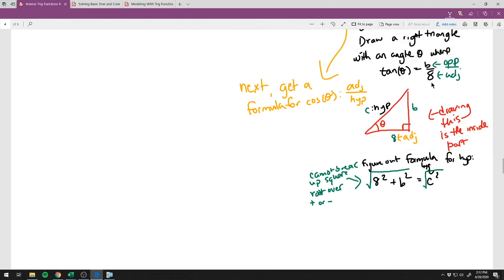And when we do the square root, it knocks the squared off the c. So we got our formula for c. The square root, 8 squared is 64, and b squared, since we don't know what b is, that's what it is. So c equals the square root of 64 plus b squared.